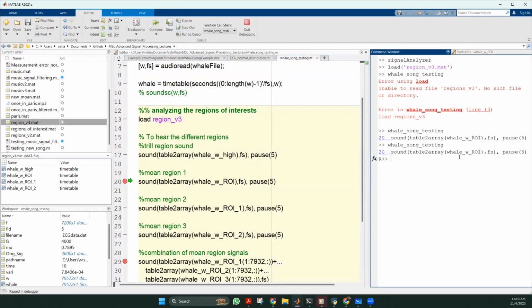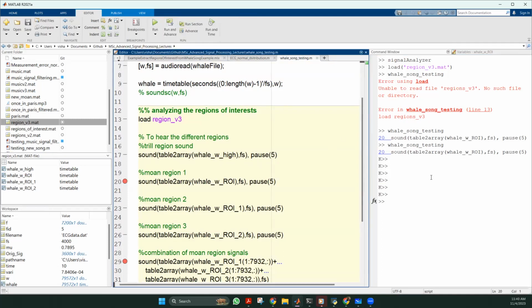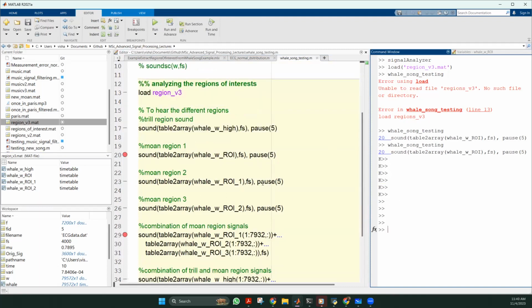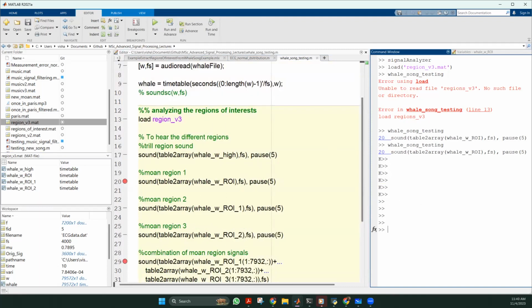Some sound is running. I need to make it stop and then I will again run this.